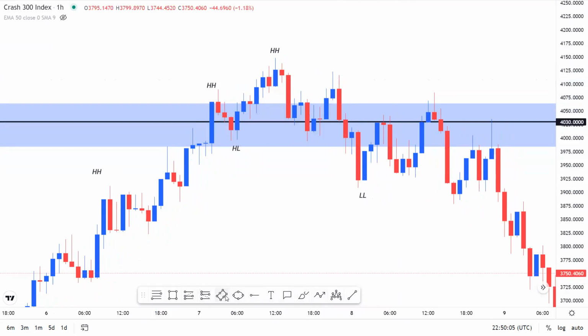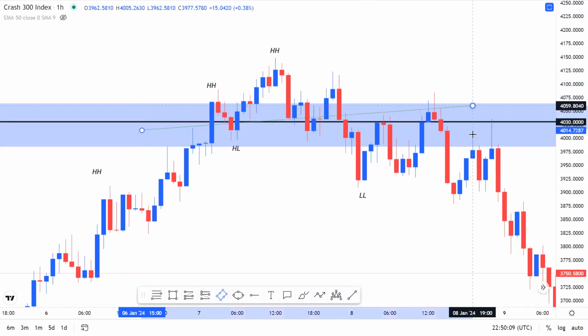And then this is where I quickly marked out this level, being the neckline of the head and shoulder pattern.